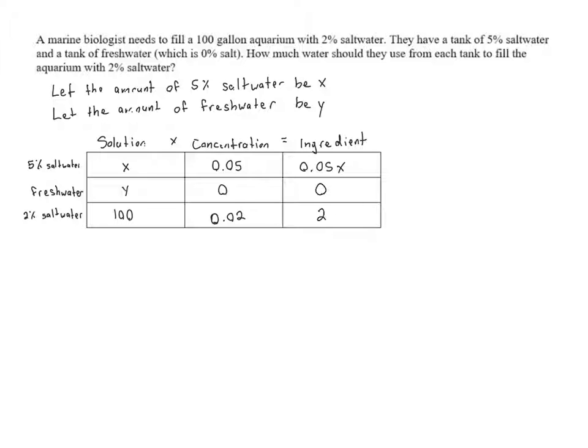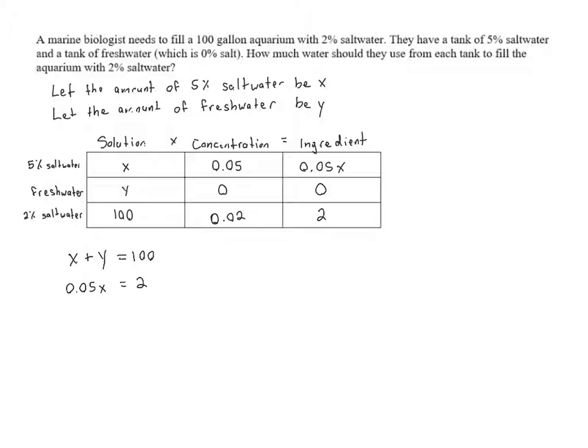Now we need to write out our system of equations so that we can solve for X and Y. From the first column, we get X plus Y equals 100. And from the last column, we have 0.05X plus 0, we don't even need to put plus 0 because that's nothing, equals 2.